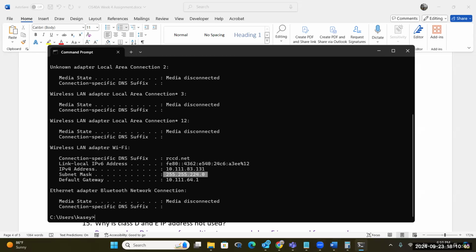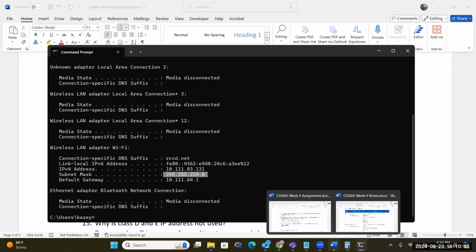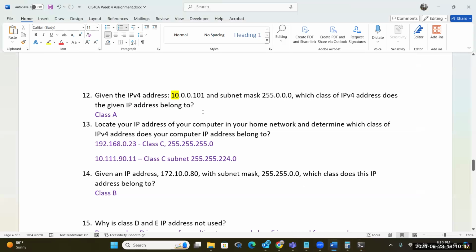Yours might look slightly different because I'm on the wireless network, but it could be on the same segment. But anyway, I did this from my home system. And when I looked it up, it was 192.168.0.23.